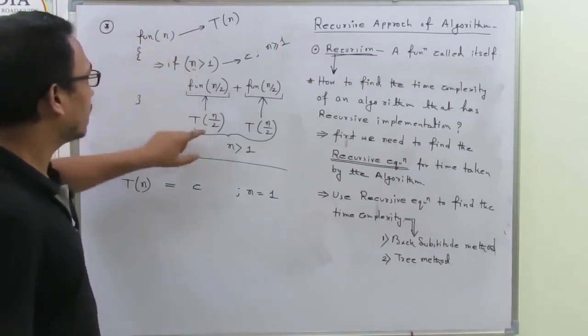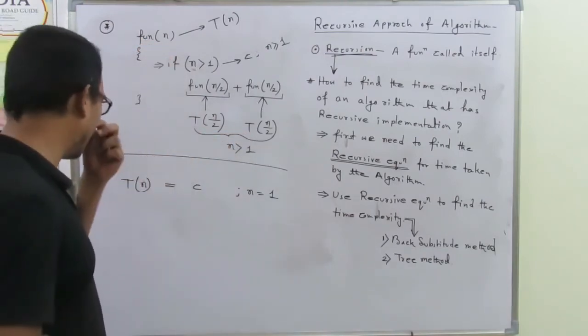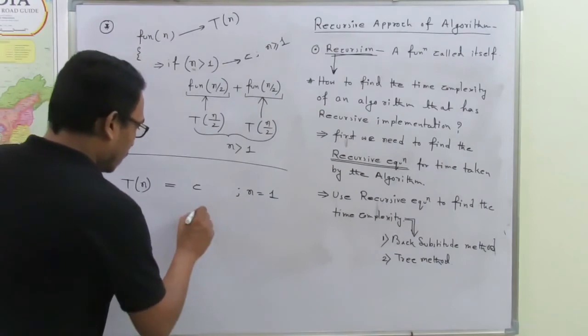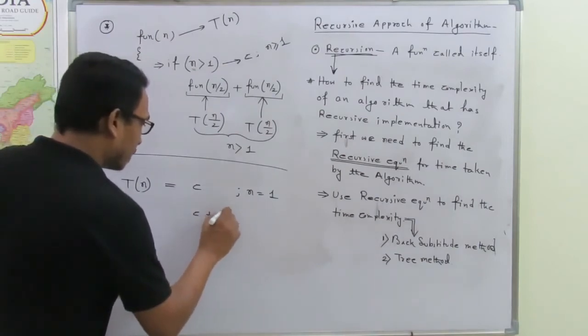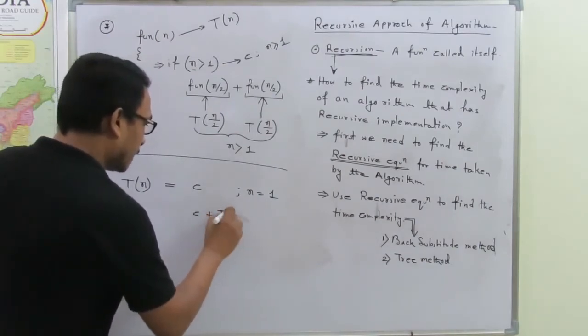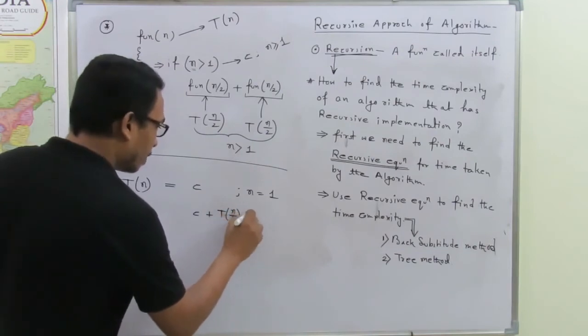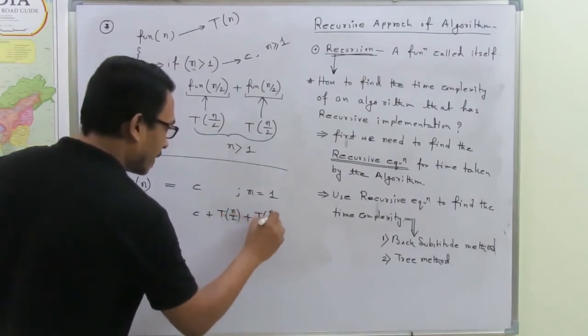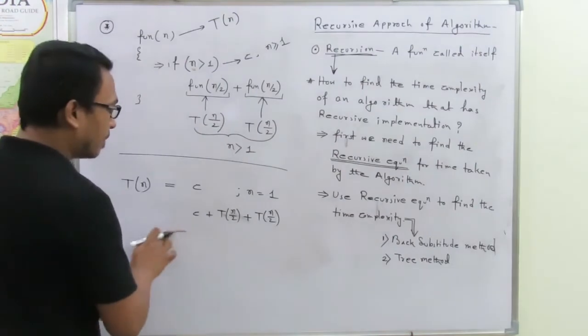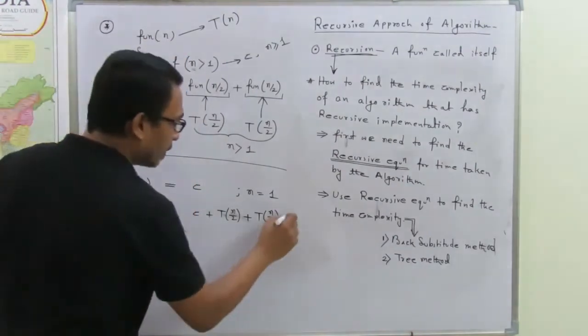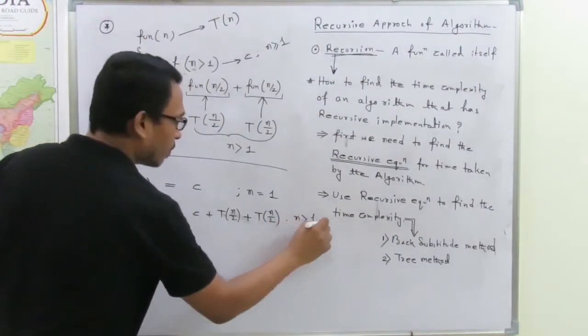Along with this part, these two parts also come into the picture. So c plus T of n by 2 plus T of n by 2, this is the total time taken by the function when the number of inputs is greater than 1.